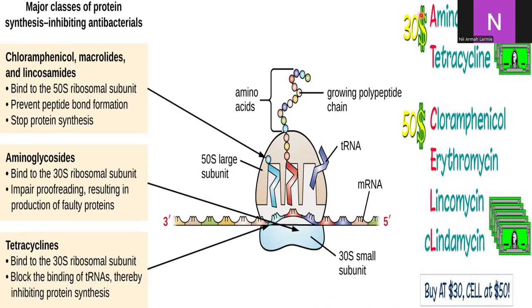So aminoglycoside and tetracyclines, the "at" part is the 30S, whereas the 50S is "sell". And note how we spell the cell, C-E-L-L, where the C is chloramphenicol, the E is representing the macrolide group, the erythromycin group, and the L's, lincomycin and clindamycin, representing the lincosamide group.